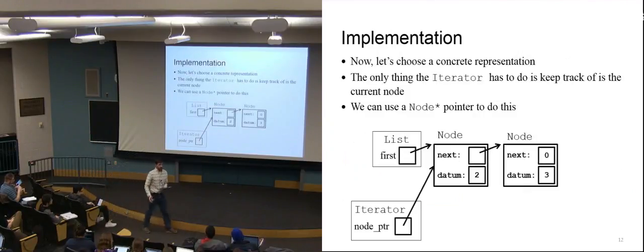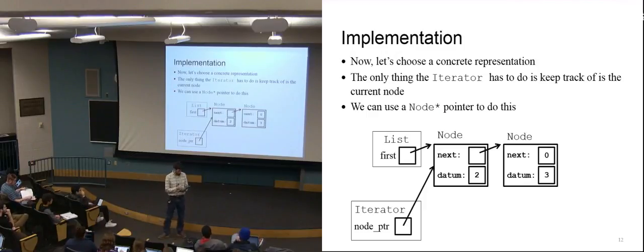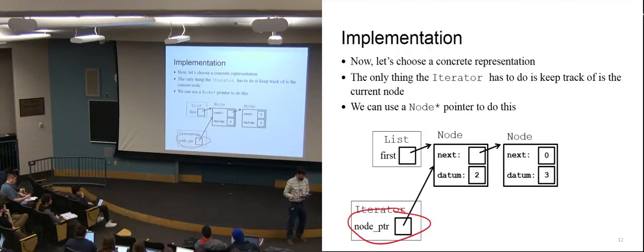So now we need a concrete representation. In other words, we need member variables for iterator. Iterator only has to remember one thing: where am I. And where am I is an address in memory. So we'll use a pointer to a node that helps the iterator remember where am I in the list.